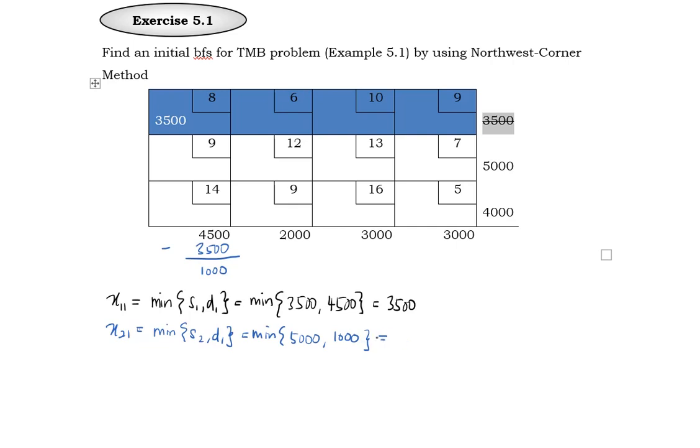So we compare 5,000 and 1,000. 1,000 is smaller than 5,000. Therefore, x21 is 1,000.